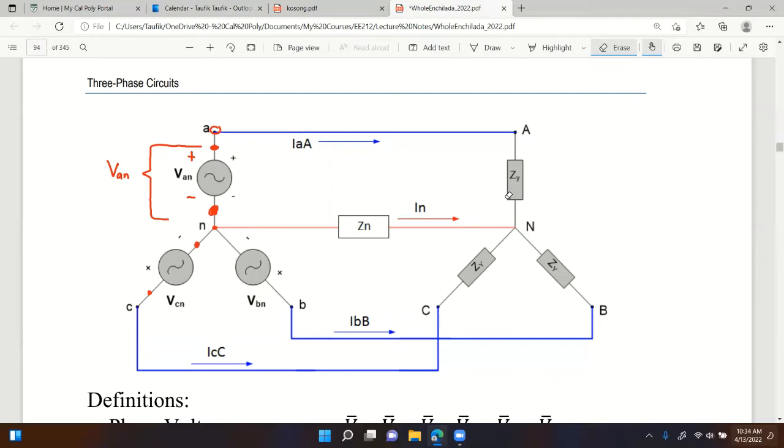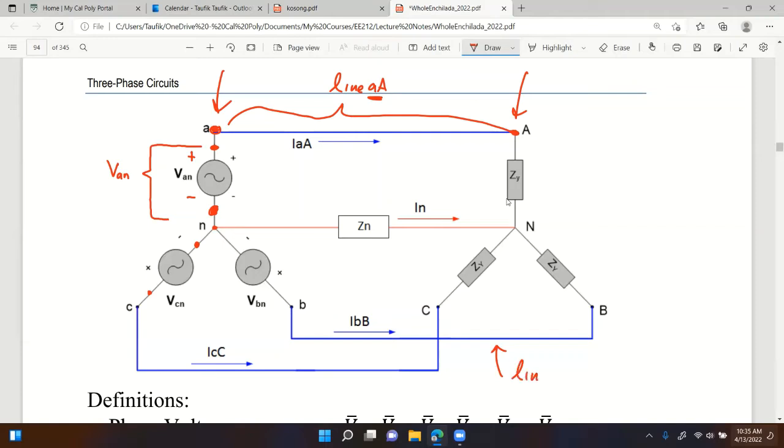If I go back to the three-phase circuit here, you can see that source A is connected to load A by a line. This is called a line right here, like a transmission line. So that's called line AA, for example, because this line connects lowercase a to uppercase A. And then we can also have another line, which is right here.